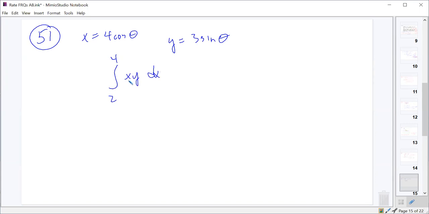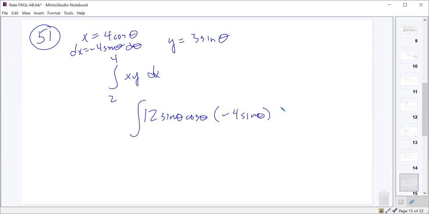So x is 4 cosine theta, y is 3 sine theta, so that should be 12 sine theta cosine theta. That's xy. Dx, well, dx is negative 4 sine theta d theta.